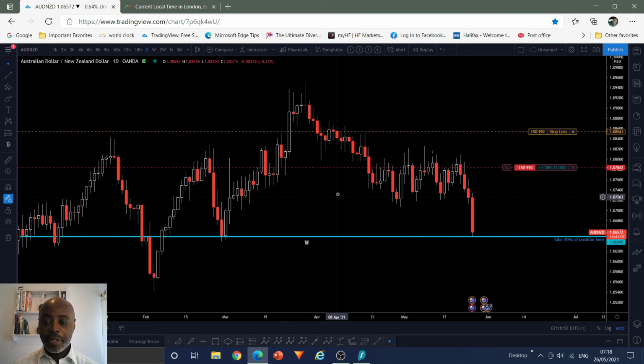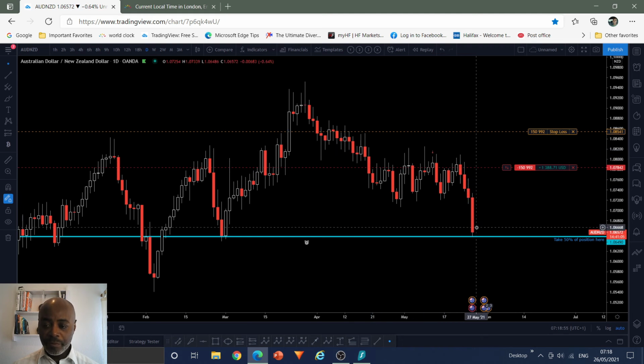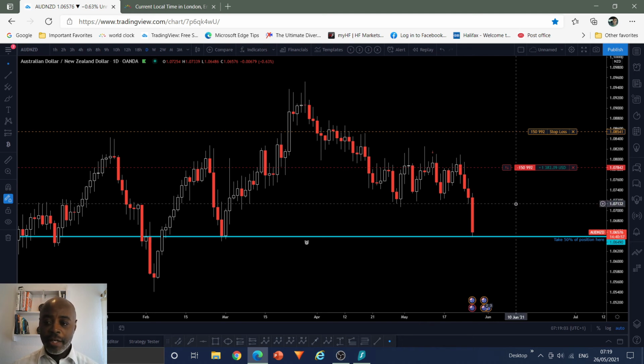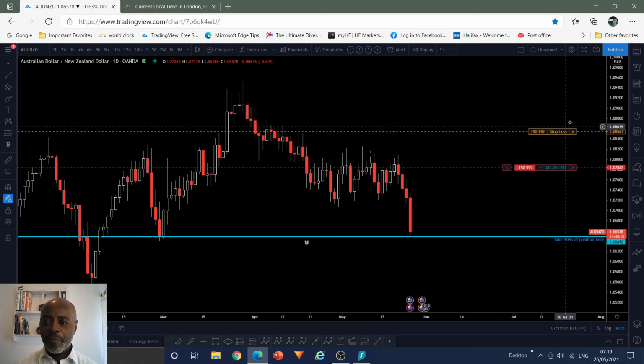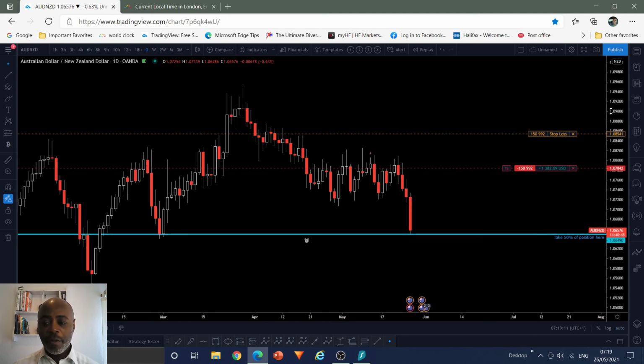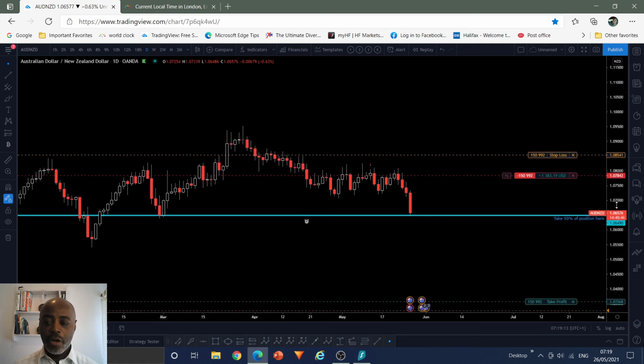What has since happened is price has come down and touched this line, which is my alert to take off 50% of the trade. Why do I take off 50% of the trade? Well, I've got two positions on here, with two targets. This is my first target, and target 2 is way down here.